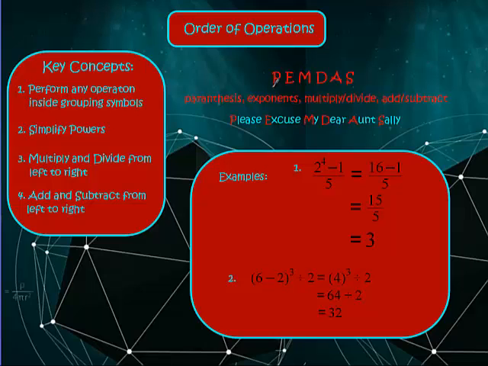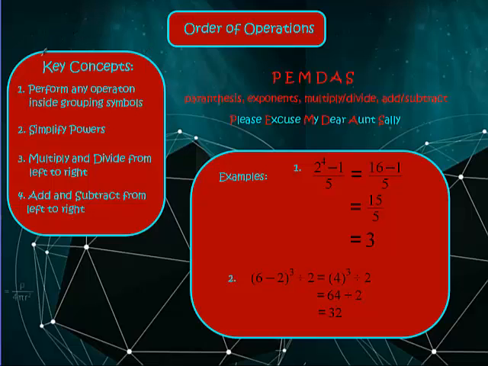Some of you may have heard of the order of operations before, and people call it PEMDAS, P-E-M-D-A-S, which stands for parentheses, exponents, multiply and divide, then add and subtract. There's also this acronym, please excuse my dear Aunt Sally, that some people use to remember the order in which all of these things happen. Again, the first letter, so parentheses, exponents, multiply, divide, add, subtract.